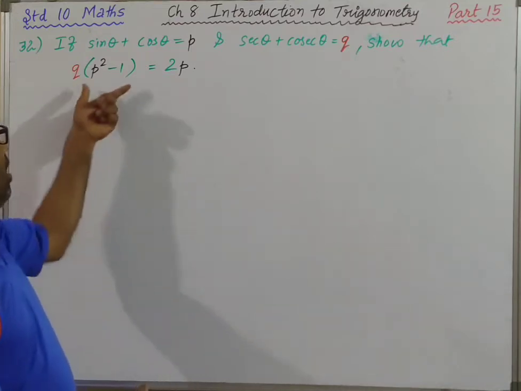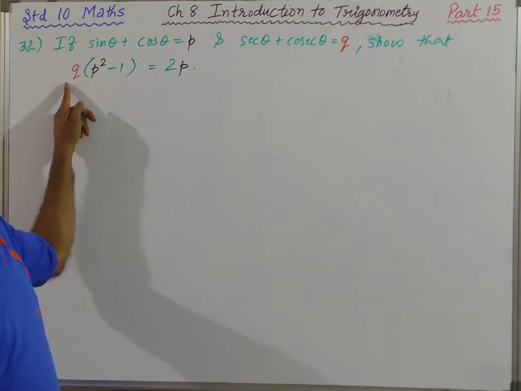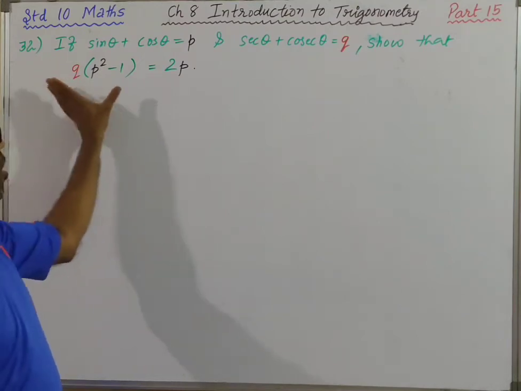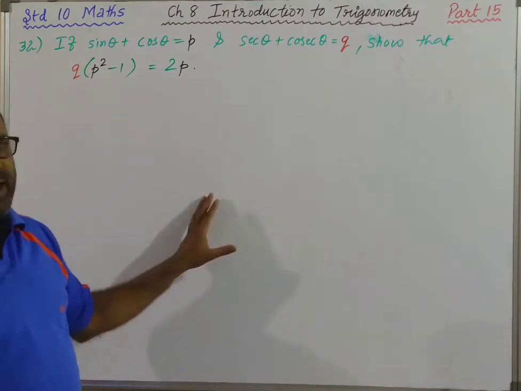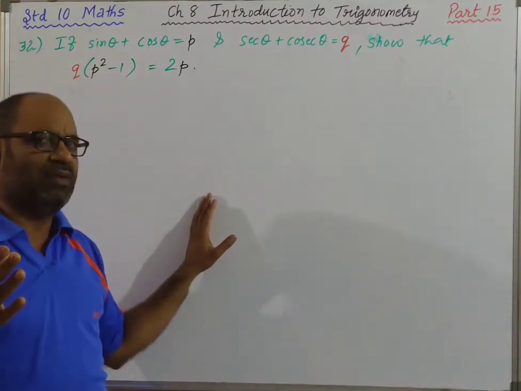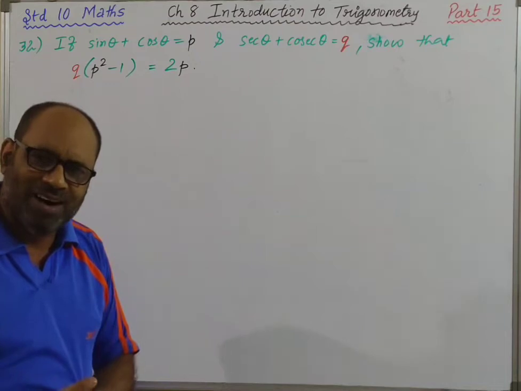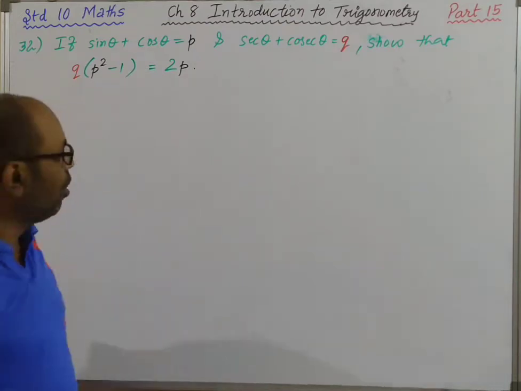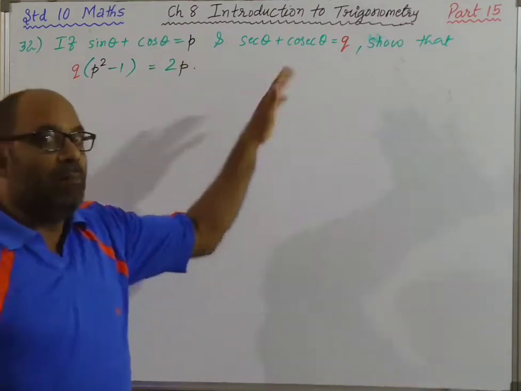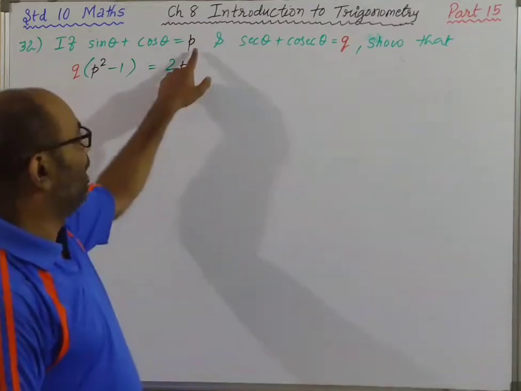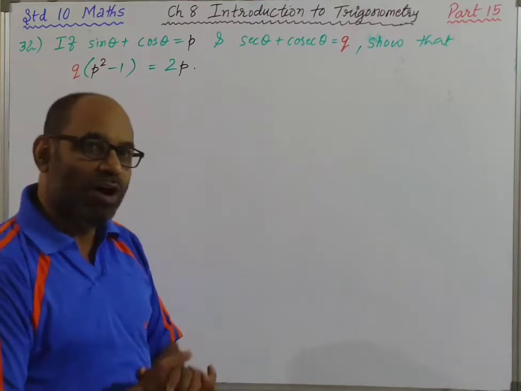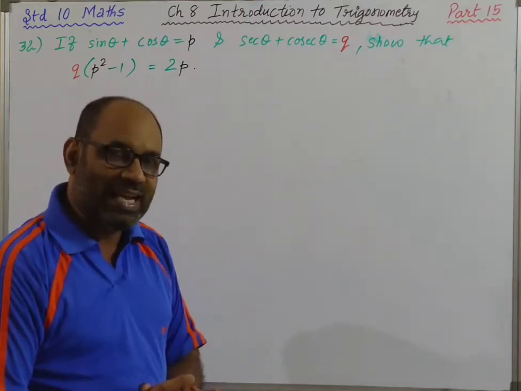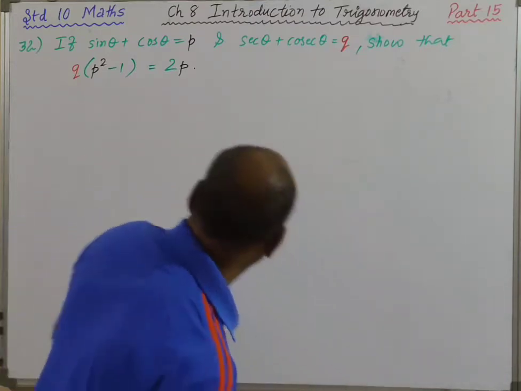Then multiplying both sides by Q, that's how I'll be building my left hand side. Whatever simplification we get, we'll call it result number 1. Then I'll build up the right hand side. P we already have, we want 2P, so multiplying 2 on both sides. Did you understand? So this is going to be method 1.